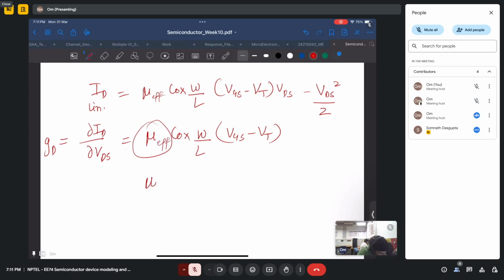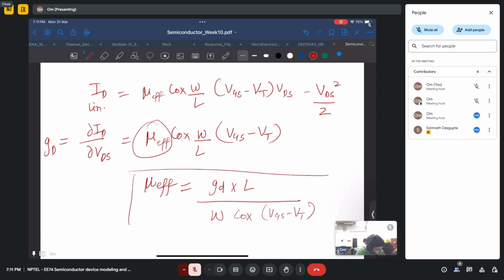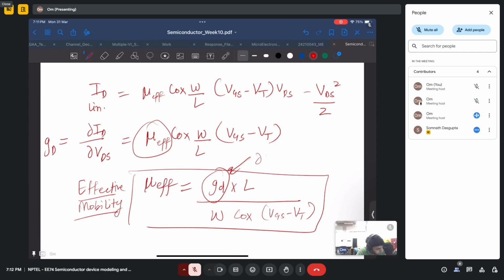Mu effective here is GD into L by W C ox (VGS minus VT). So this is your effective mobility. Effective mobility we calculated with the help of GD, that was del ID by del VDS.